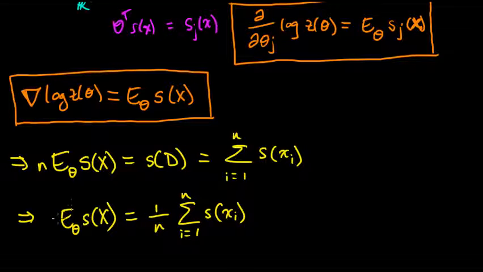And this is the expectation, the mean of x. So this says that any critical point of this distribution satisfies this, and the MLE has to be a critical point. So the MLE satisfies the property that the mean of the sufficient statistics equals the sample mean.